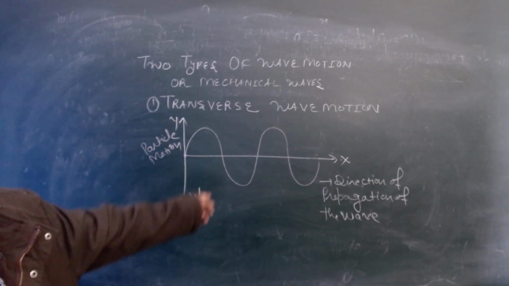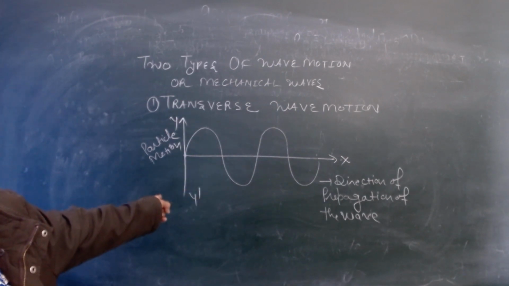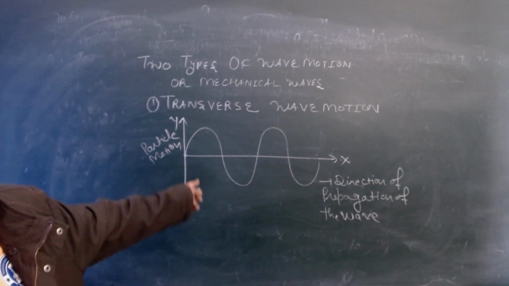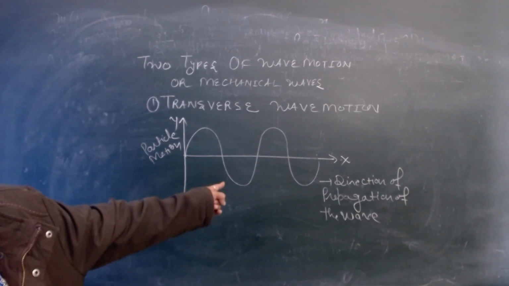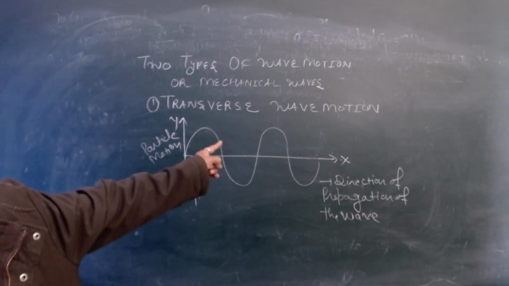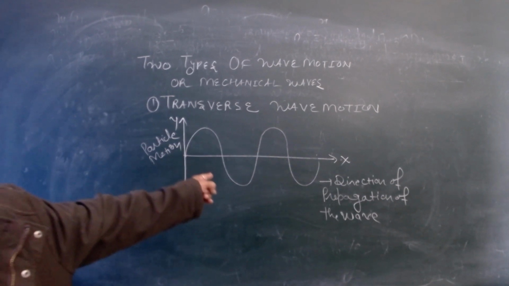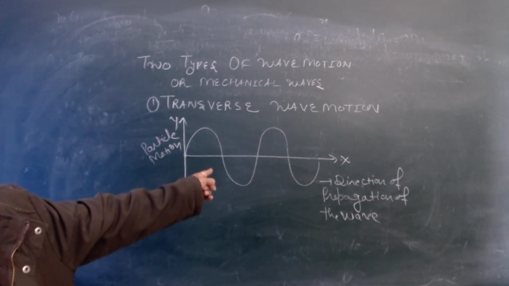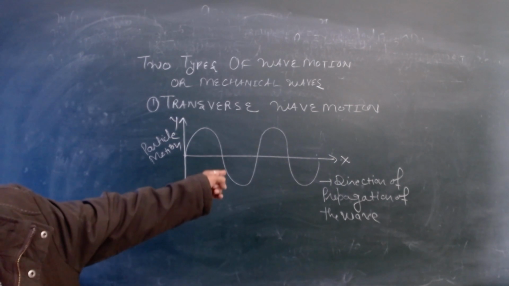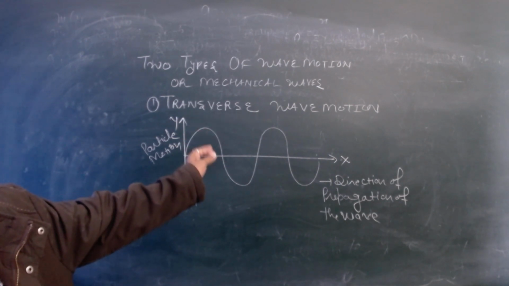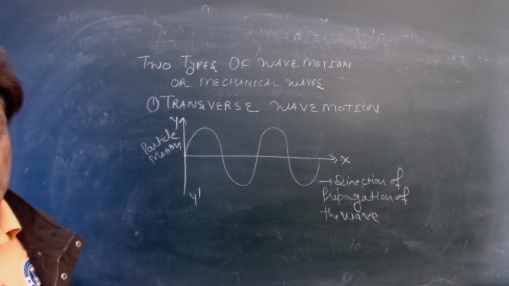If you carefully observe, I'm not coming in the screen, I'm just out. If during the propagation of a mechanical wave in a medium, the particles of the medium vibrate about their mean positions in a direction perpendicular to the direction of propagation of the wave, the wave motion is called what? Transverse wave motion.